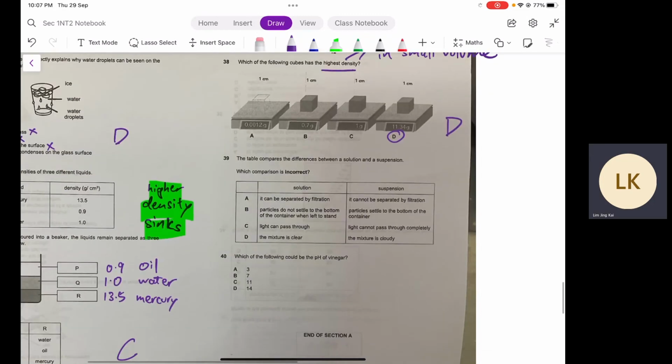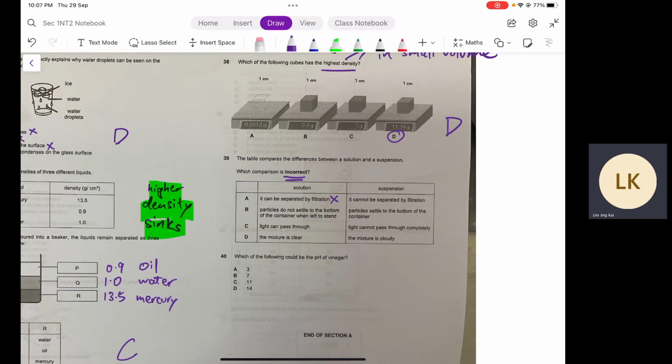Number 39, the table compares the differences between solution and suspension. Which comparison is incorrect? Okay, so let's look at the answers. For A, solution can be separated by filtration. This is already not true. Okay, because solution, there's nothing inside that can be separated by filtration because your solute has already dissolved in the solvent.